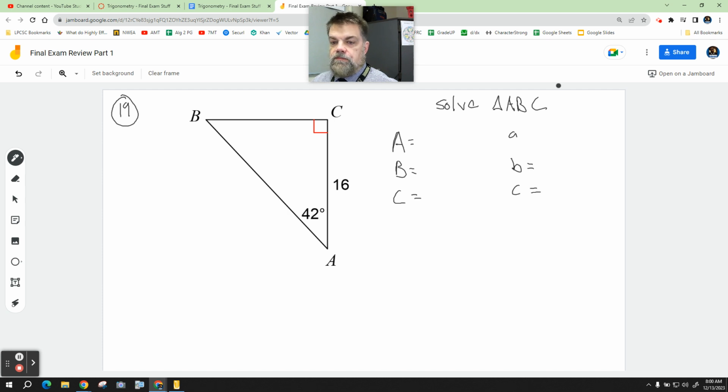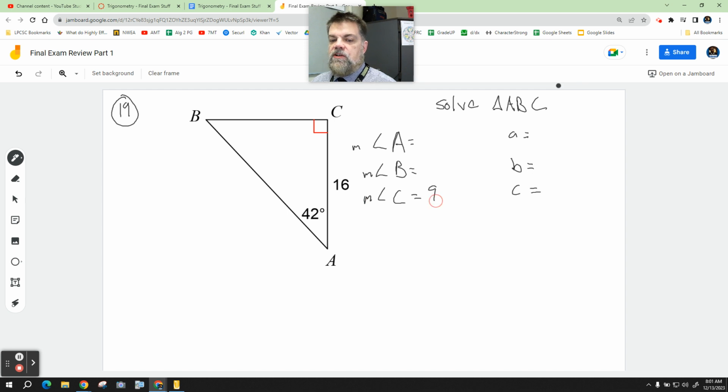And actually, I got that backwards. The capital letters represent the angles, right? So this is like the measure of angle A, the measure of angle B, and the measure of angle C.